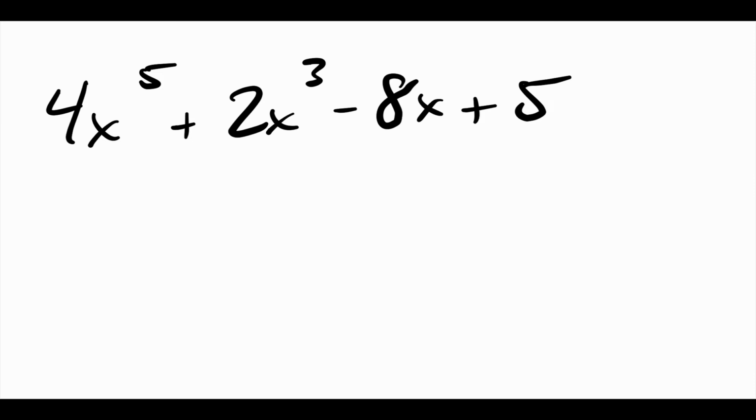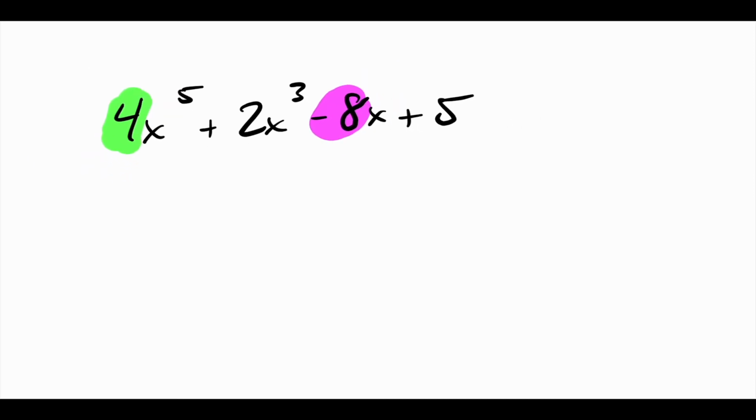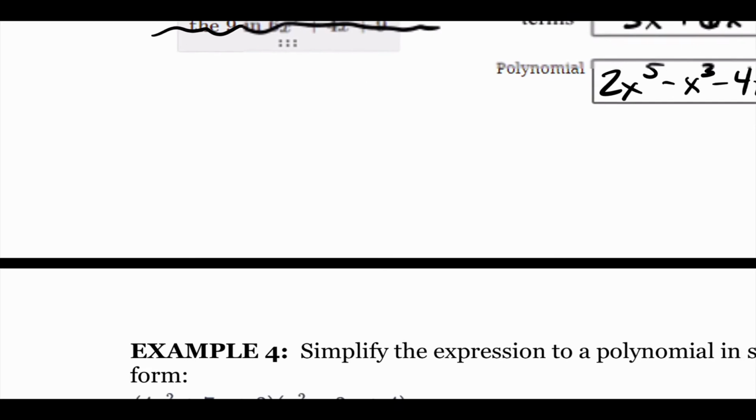The one with the most power is 5. What's the number in front of that? That's 4, the leading coefficient. Negative 8 is still a coefficient, but it doesn't have all the power. So it's just the coefficient. 2 would also be a coefficient, yeah. 5 wouldn't, it would be a constant.